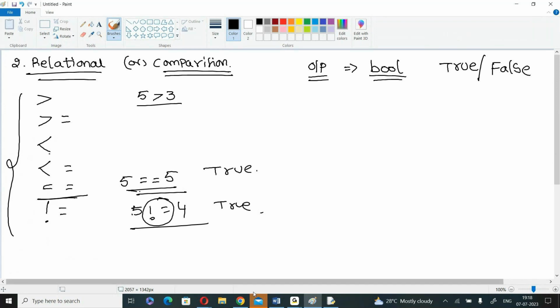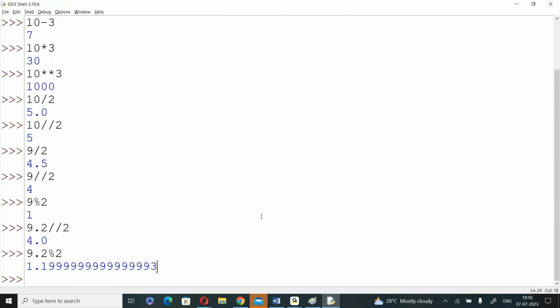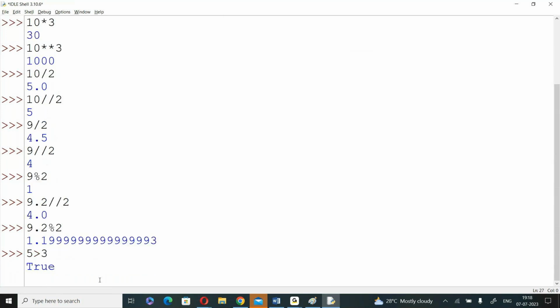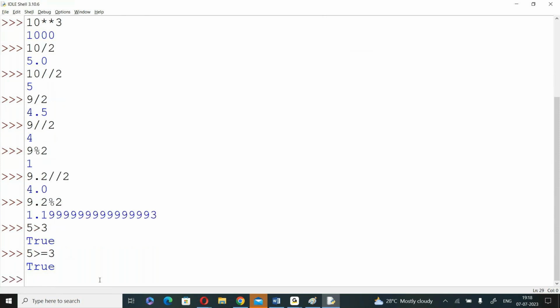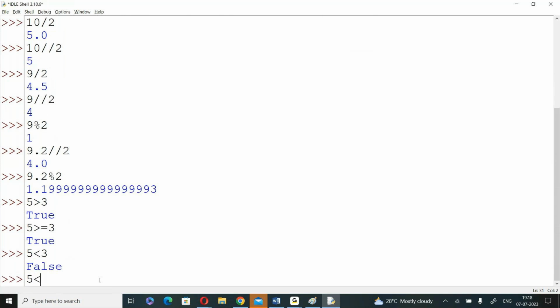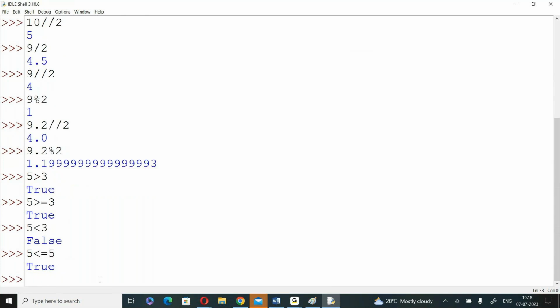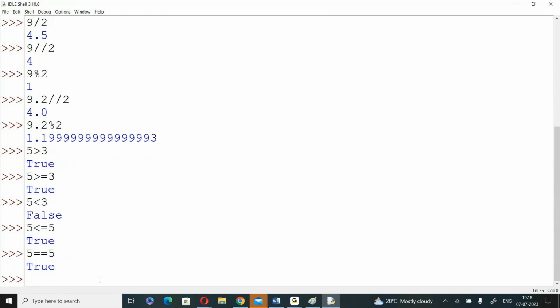Okay, now I will move to examples. Take any numbers. 5 greater than 3, the answer is true. 5 greater than or equal to 3, the answer is true only. 5 less than 3, the answer is false. 5 less than or equal to 5, the condition is true. 5 equal to 5, yes, two values are equal. 5 not equal to 5, the answer is false.